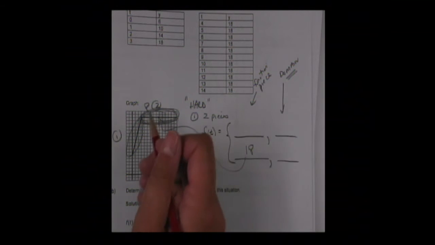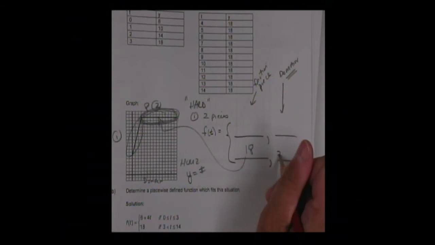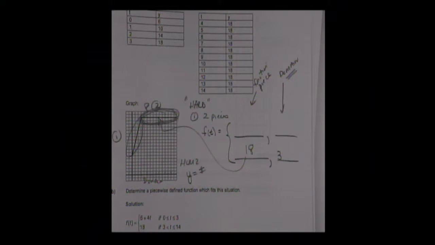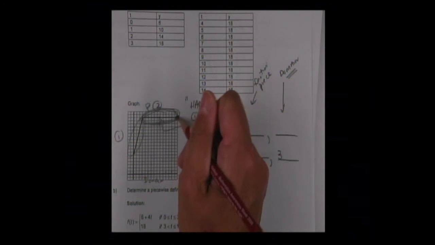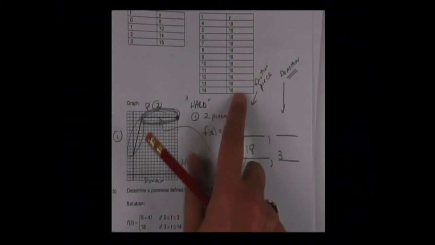Do we all see that 3 seems to be the start? And if we read the example, we'd see this doesn't have an arrow on the end, it's actually ending. And the table tells us where to end. In this case, we're going to end at 14. And I need to put some stuff in between. But my domain starts at 3, it ends at 14.